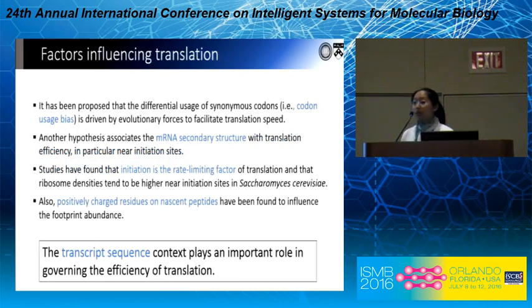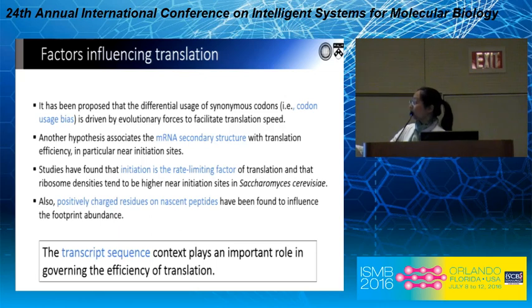As Dr. Tuller pointed out in a special session, there are many different hypotheses about factors influencing translation, like codon bias, mRNA secondary structure. I think I've heard many great talks about secondary structure in this conference.